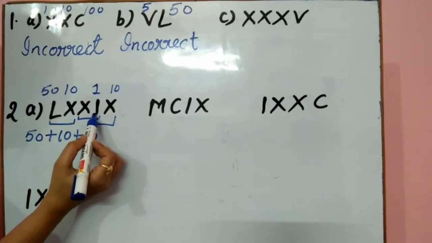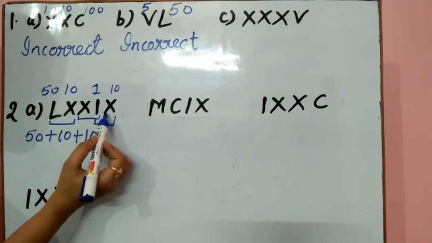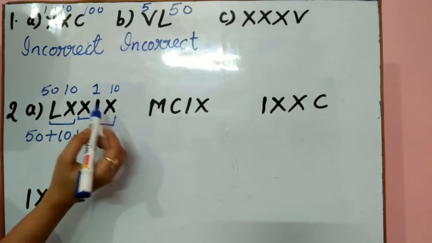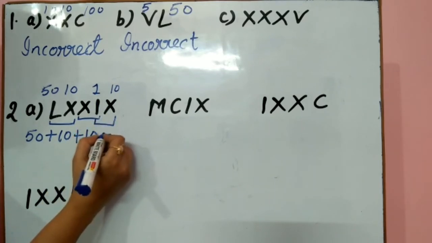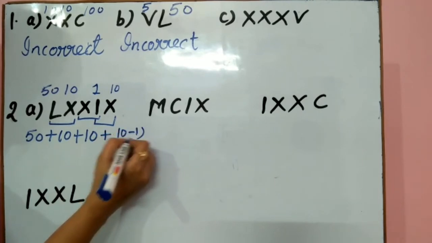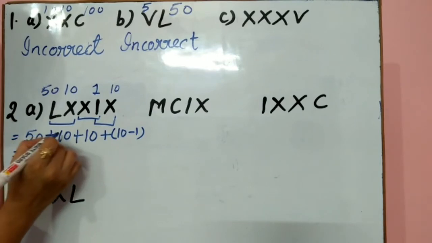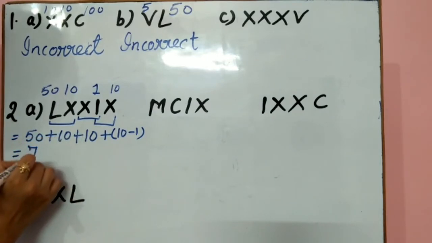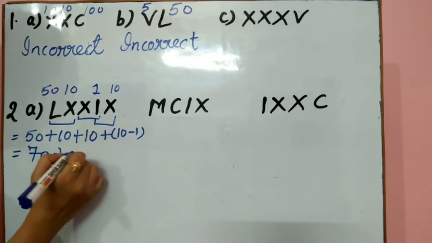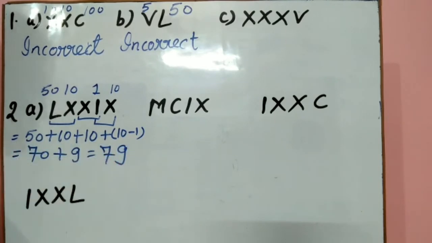A letter of smaller value is written to the left of a letter of greater value, then the value will be subtracted from the greater value. Plus 10 minus 1. 50, 60, 70 plus 9 is equal to 79.